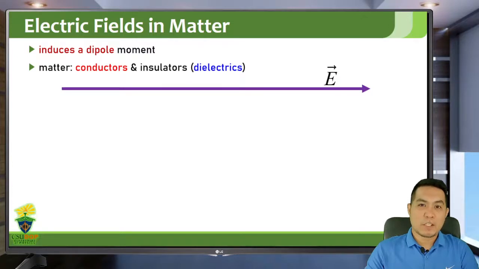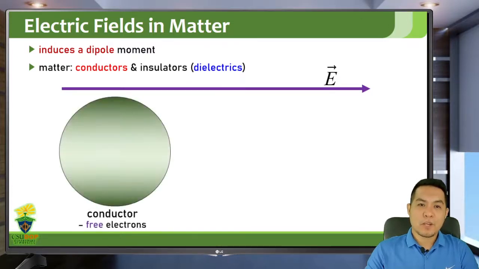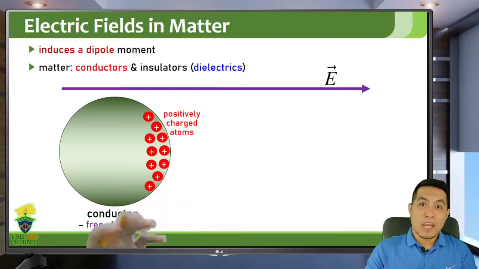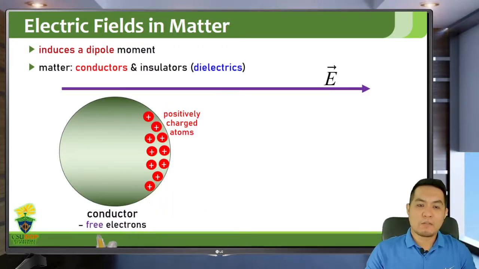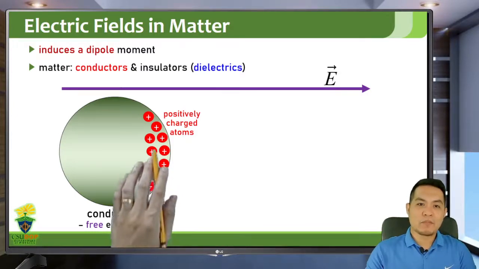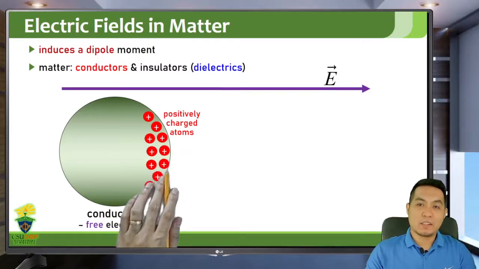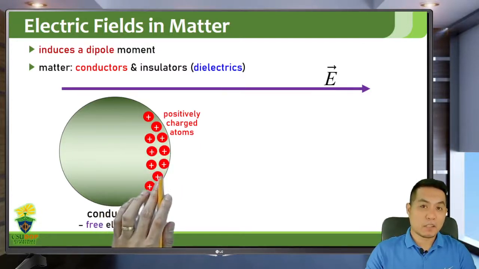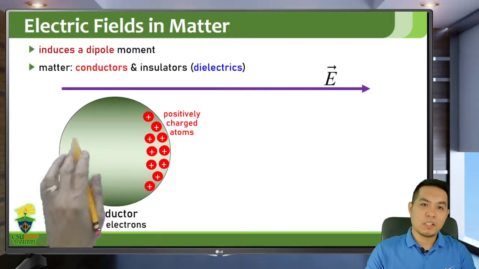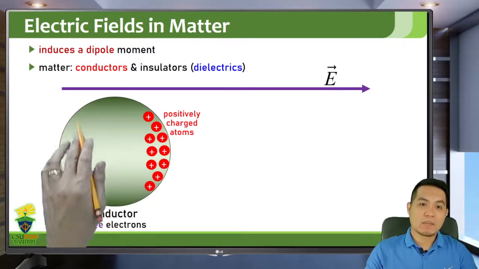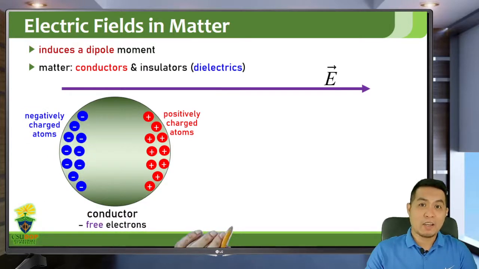So if you have an external electric field and you expose a conductor to this field, what happens is, since in a conductor there are free electrons, and electrons always move opposite the direction of the field, electrons will migrate from the atoms on this side, leaving the atoms on this side positively charged, and they will migrate to the opposite side, making the atoms on this side negatively charged.